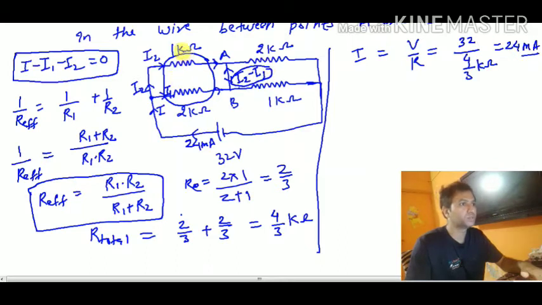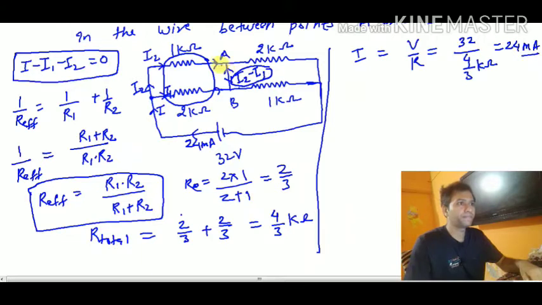Students, you can see this is a 1 kilo ohm resistor and this is a 2 kilo ohm resistor. So from here you will get less current, and from here a high current, because the resistance is less, because of the relation I equal to V by R. So current and resistance are inversely proportional. It means if resistance is less, more current will flow, so from the higher current we subtract the lower one.